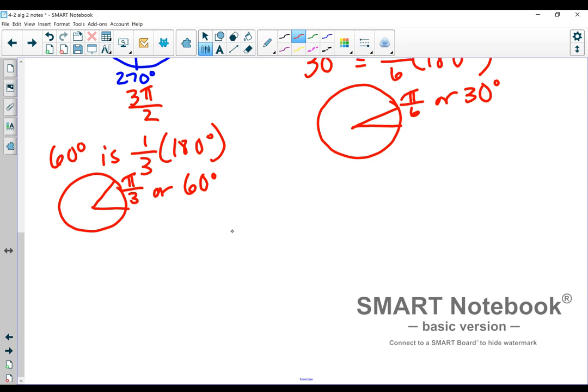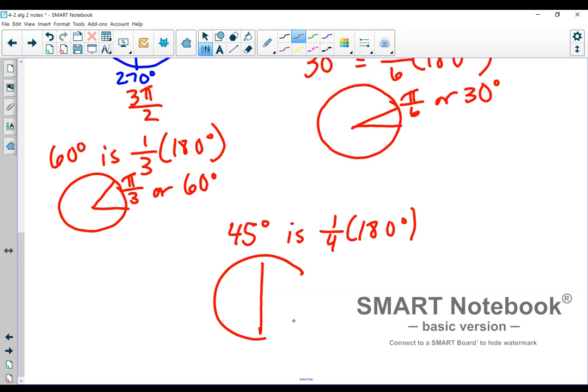If I am looking at 45s, because special triangles, right, 30, 60, 90 and 45, 45, 90, those are the important ones. 45 degrees is 1/4 of 180 degrees. So if I want to think about a fourth of pi, this is half pi, so a fourth of pi would be like this.